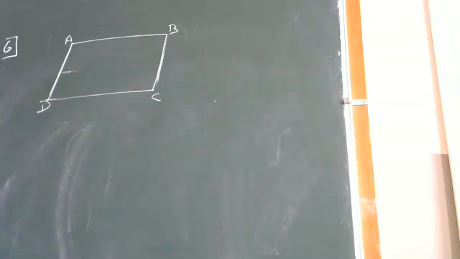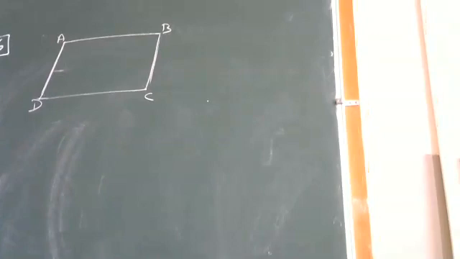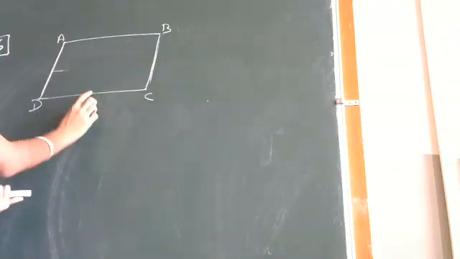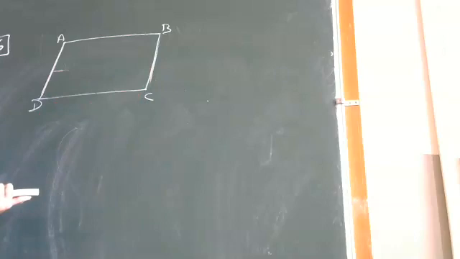That in this parallelogram the adjacent sides are equal, right? What do you mean by adjacent sides? Consecutive, that is this and this.